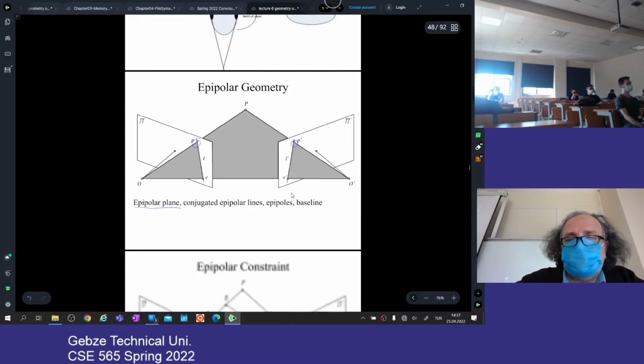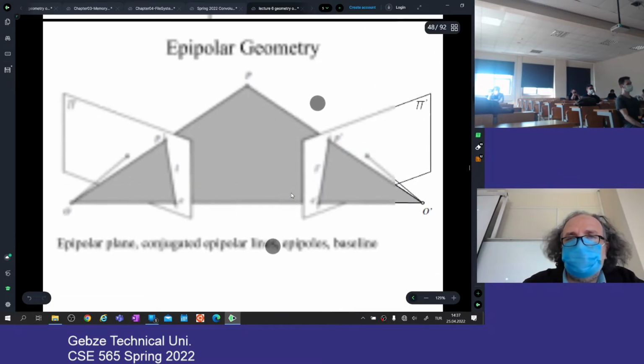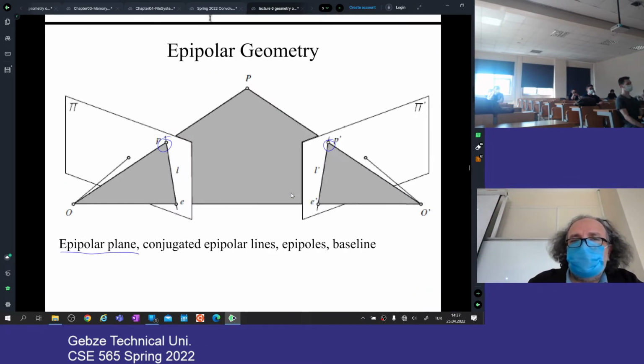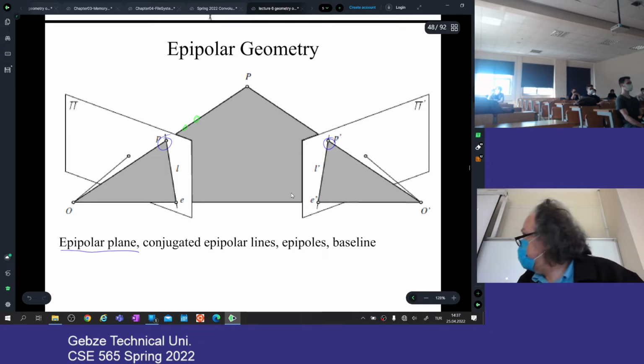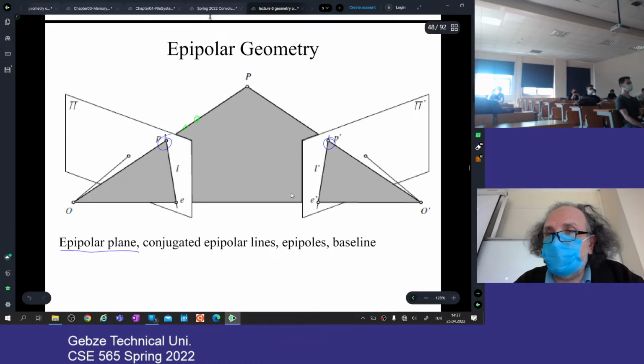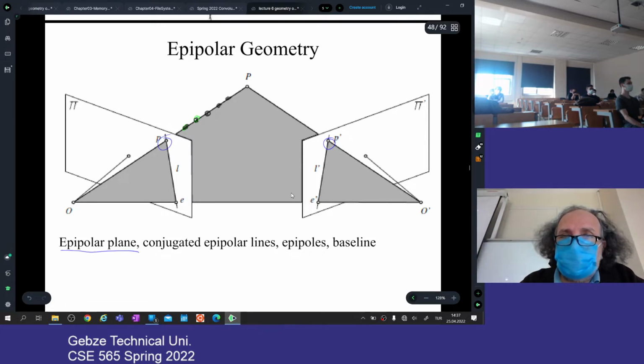When you look at this epipolar geometry picture, to search for this P on this pi prime plane, you say that, okay, this P could be either here or there, or there or there, like this, anywhere on this line.